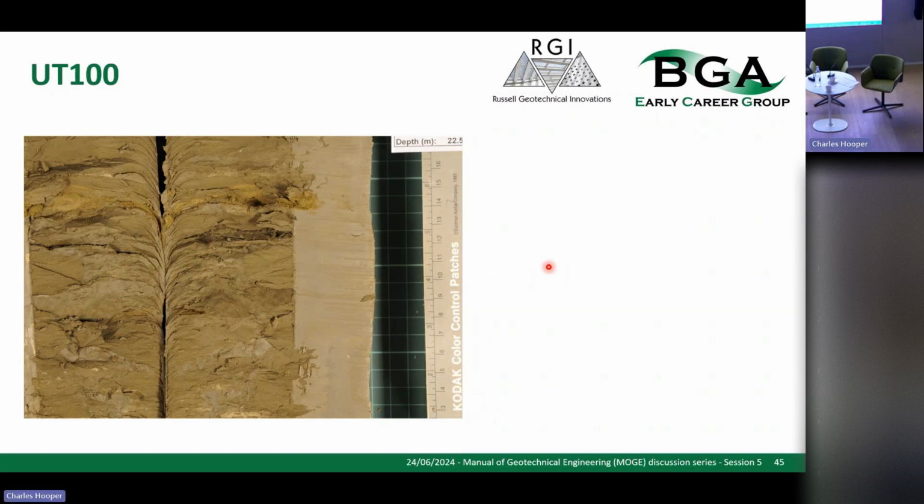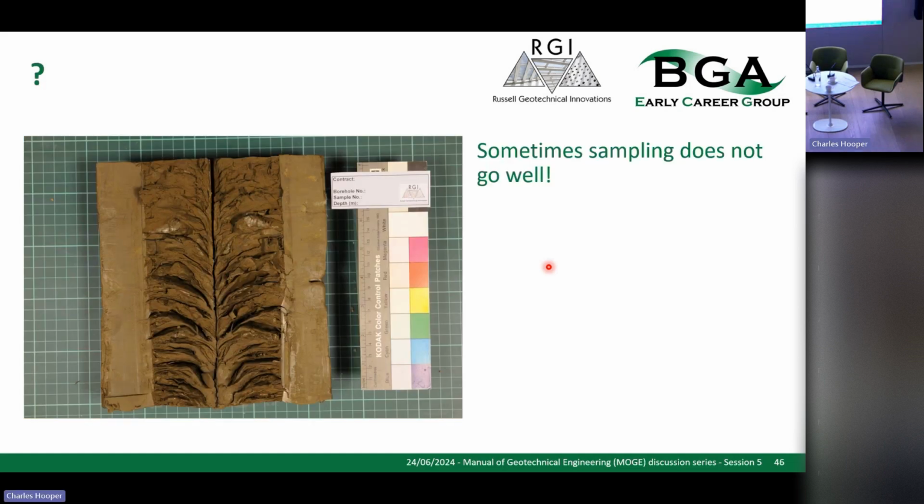It has actually disturbed the outside edges of the sample itself. This can't be recovered. It's actually damage to the sample. So disturbed or undisturbed, it certainly isn't undisturbed. Slightly disturbed, it is. We could argue forever about exactly how disturbed it is, but it is definitely a disturbed sample.